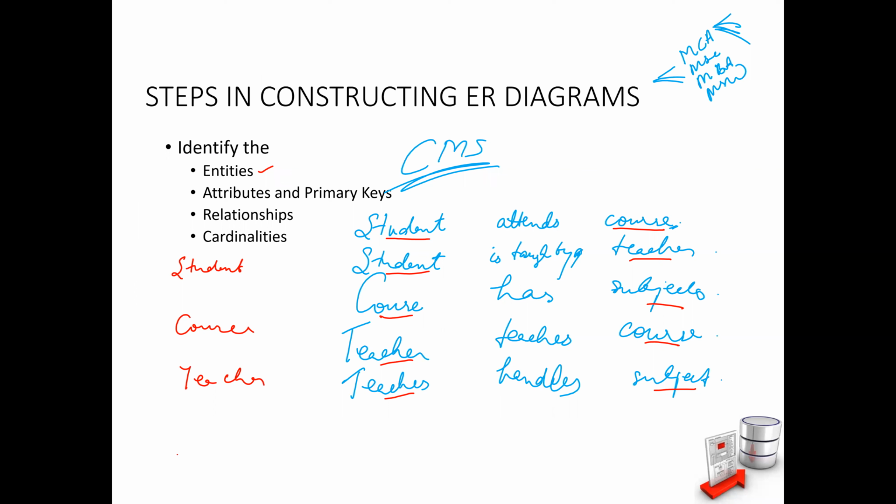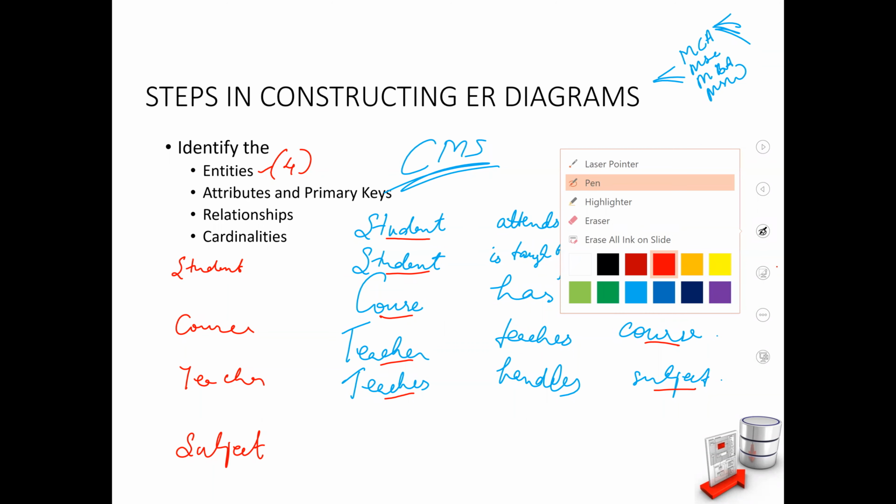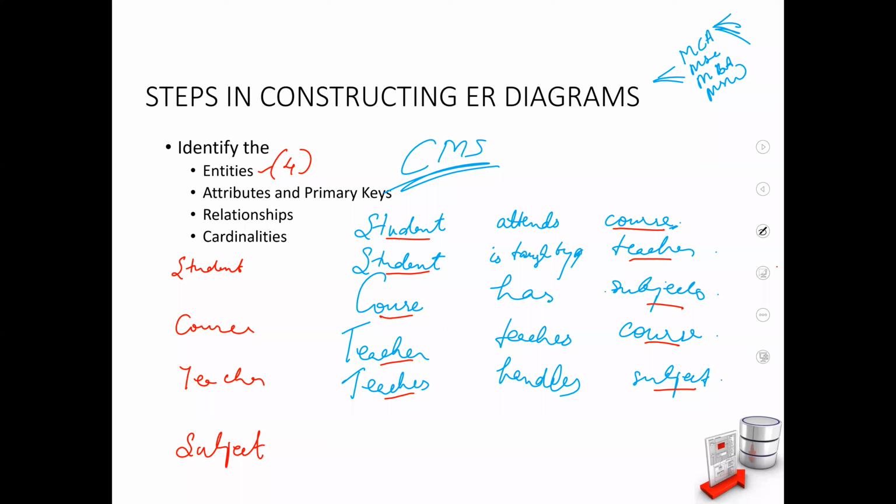That's it: 1, 2, 3, 4. Student, course, teacher, subject. Those are the only entities I have. I have 4 entities, so the first part of my identification is over.